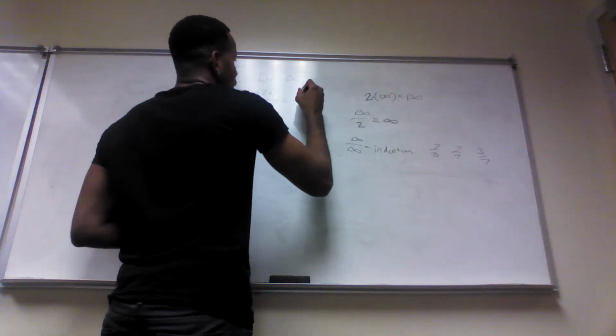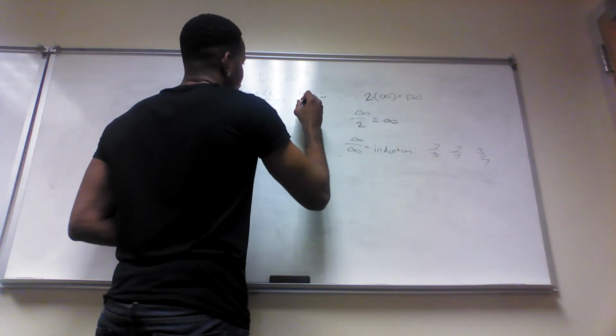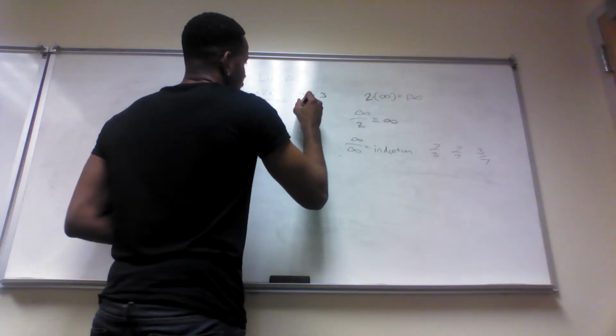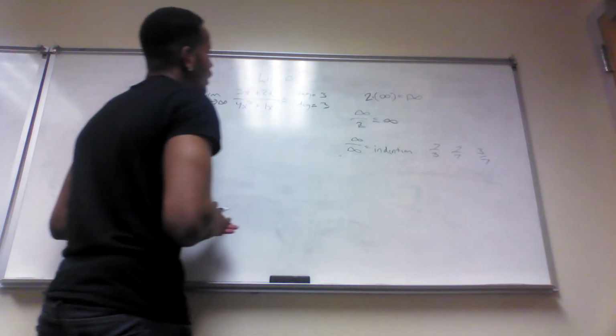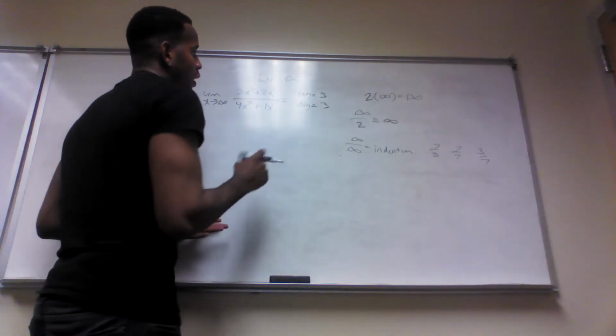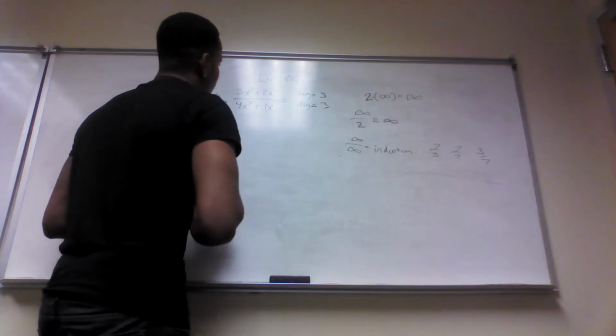The degree on the top would be 3, and the degree on the bottom would equal 3. And we're going to come back to that and see what the result is.